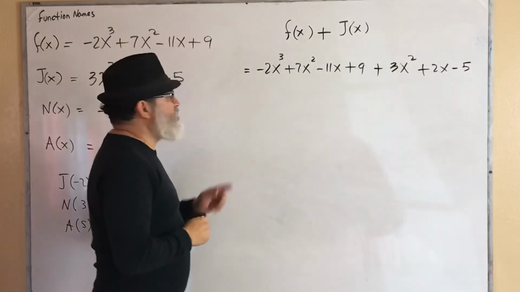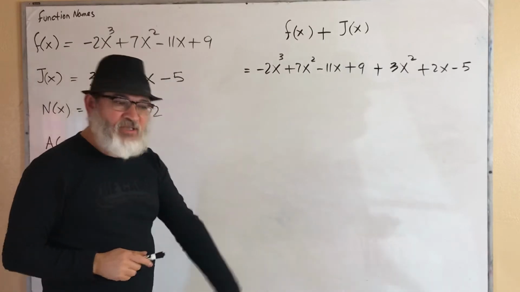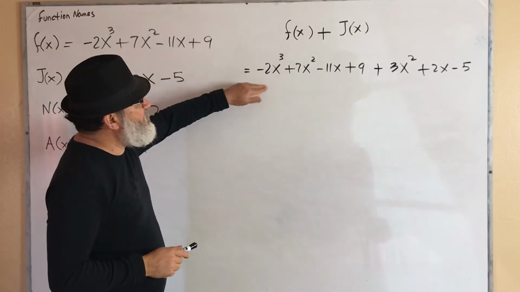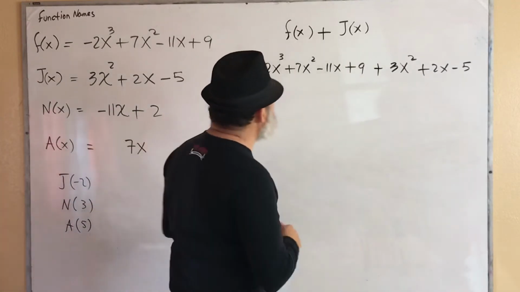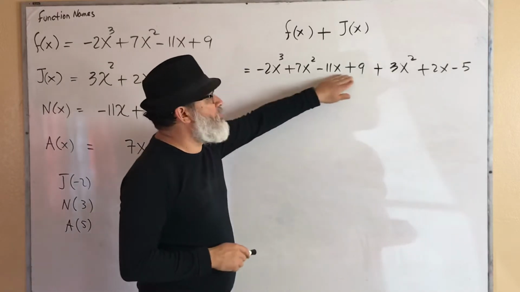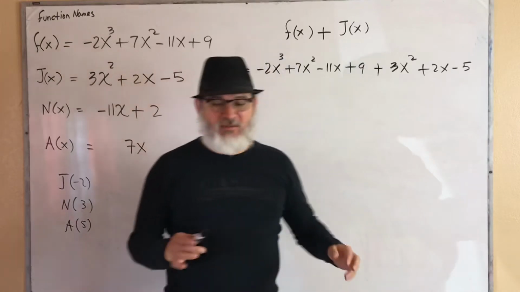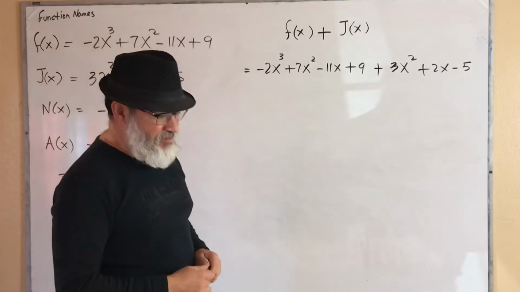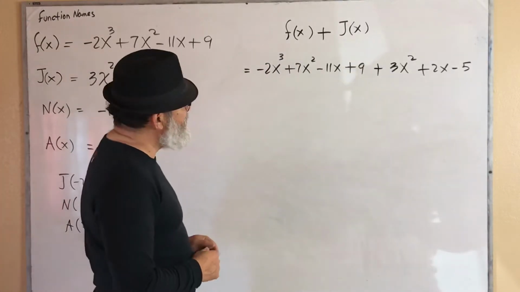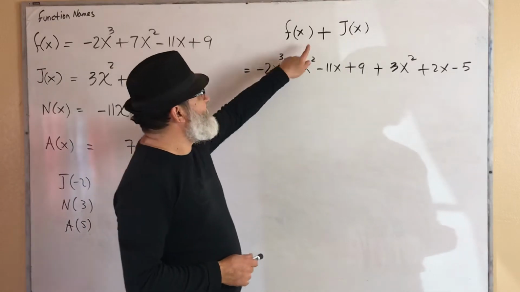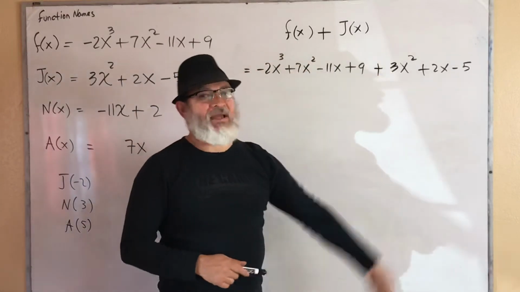Section 5.3 just gives you this. It says take this polynomial and add it with this trinomial. But in reality, it's Frank plus Jack.